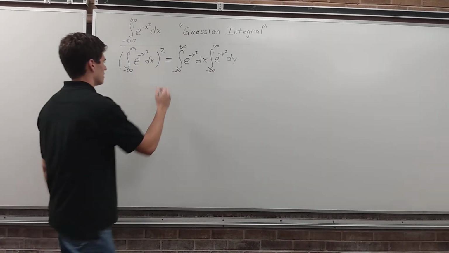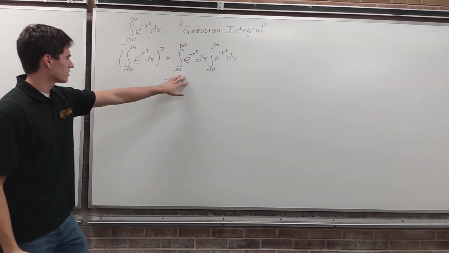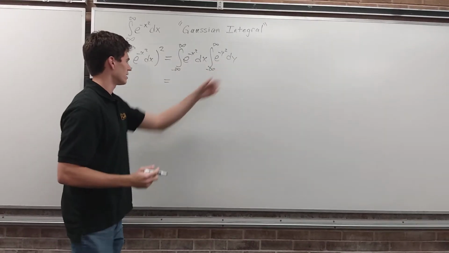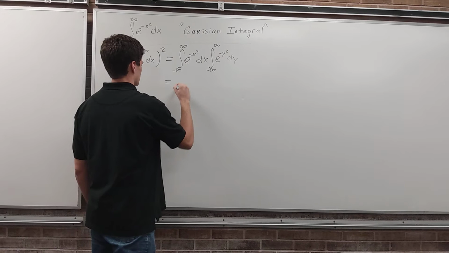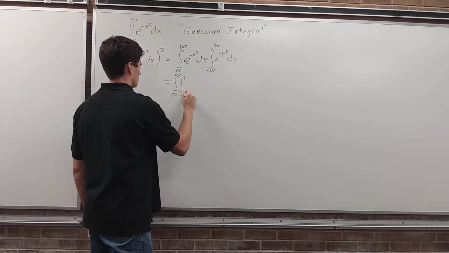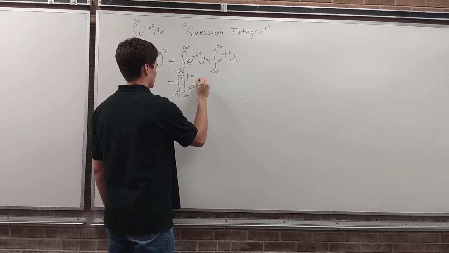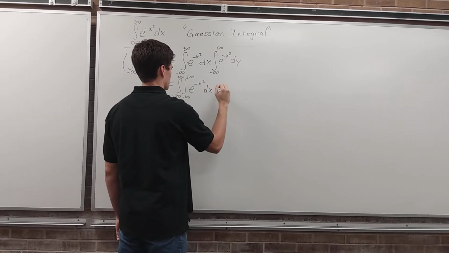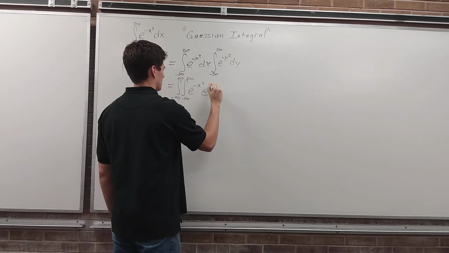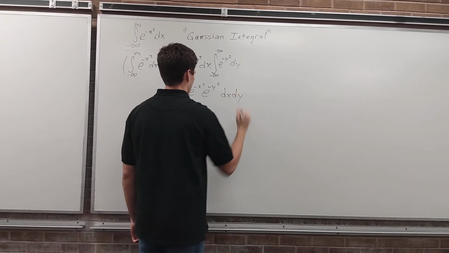Now, properties of integrals say that the product of two integrals is equal to the double integral of the product of the integrands. So we have that this is equal to the double integral, both bounds being negative infinity to infinity, of e to the negative x squared times e to the negative y squared dx dy.